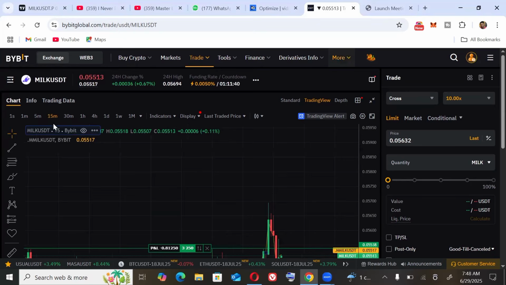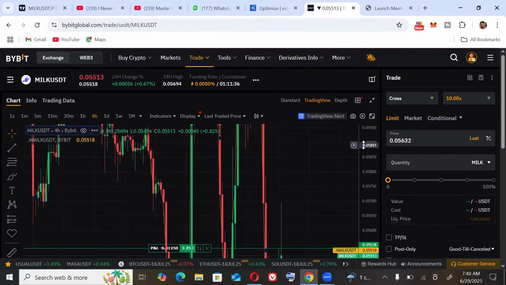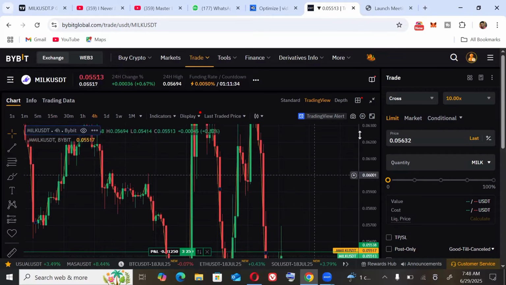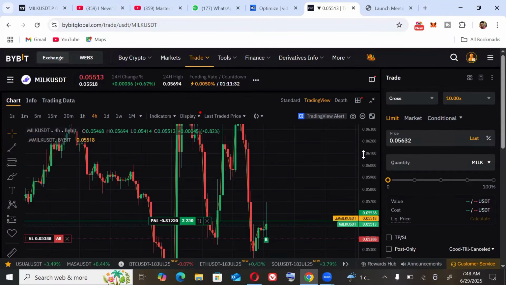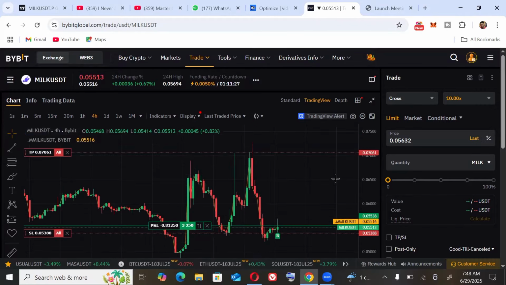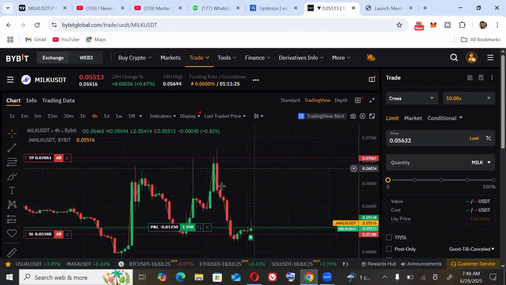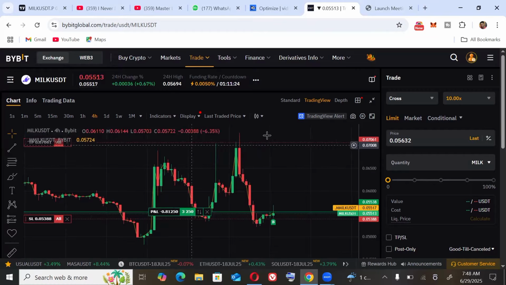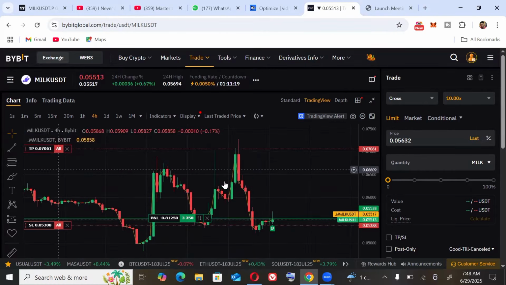I would have to take this to 4 hours so that you see this strategy for what it truly is. This is real time. This is not back test. You can see it's a real time trade, and we're already in this trade.